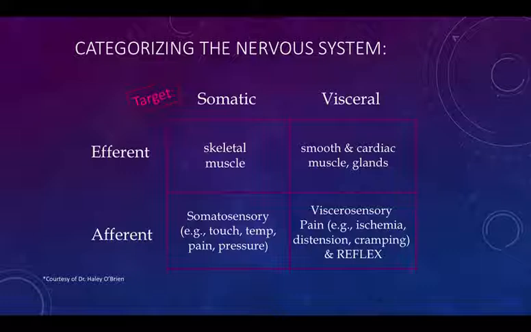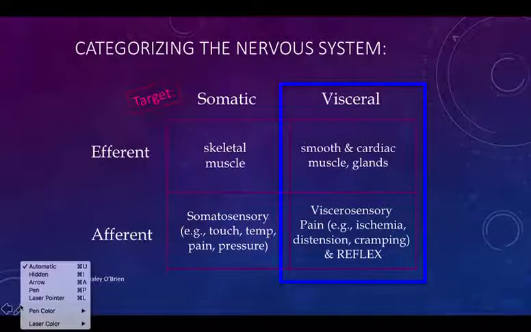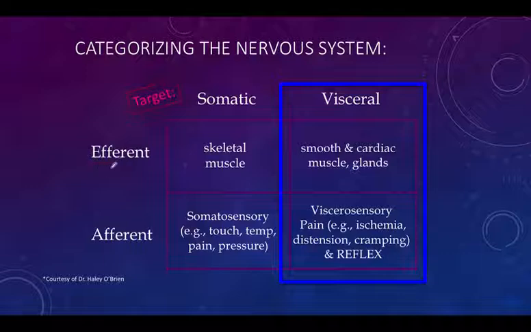Somatic, remember we're talking about the efferent output, like think skeletal muscle, and afferent, but what we're really going to be focused on with autonomics is the visceral system. So visceral output, and remember that efferent is exiting the central nervous system.